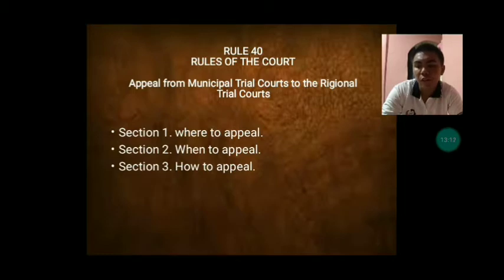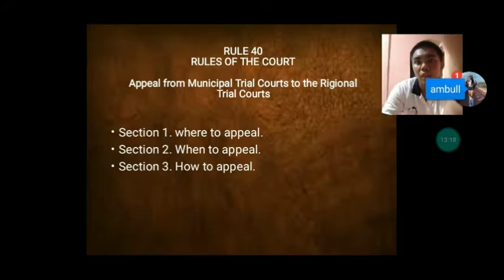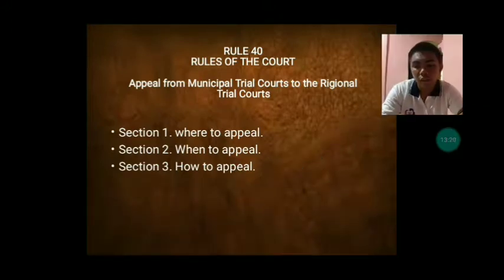The period of appeal shall be interrupted by a timely motion for new trial or reconsideration. No motion for extension of time to file a motion for new trial or reconsideration shall be allowed.